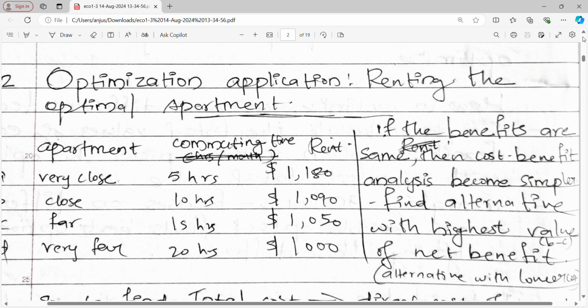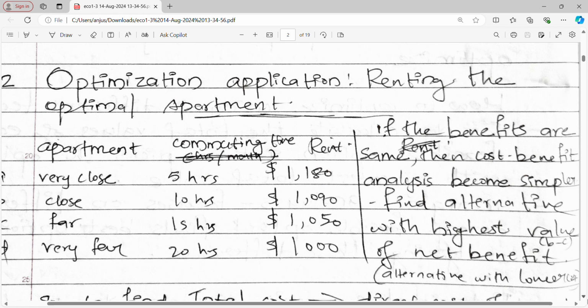The first is very close to city center, the second one is close to city center, then the third is far from city center, and the fourth apartment is very far from city center. And you will take for the commuting time 5 hours, 10 hours, 15 hours, 20 hours respectively. The rent is provided here, I'm not reading it out.